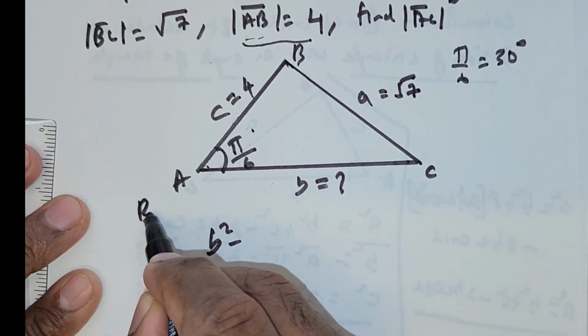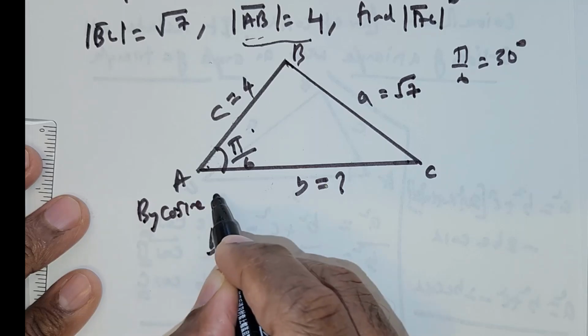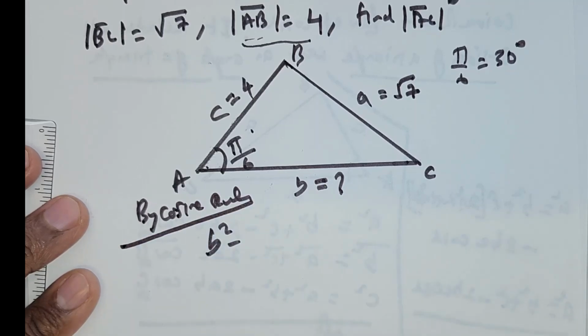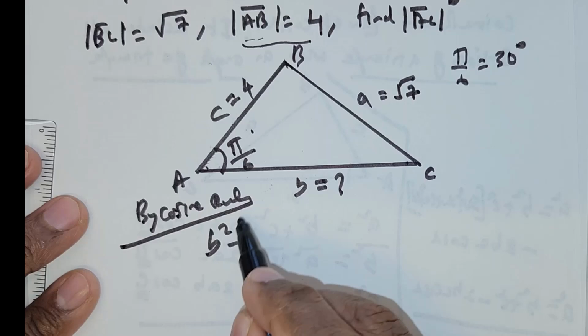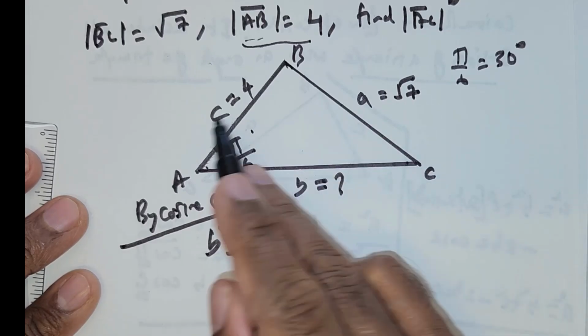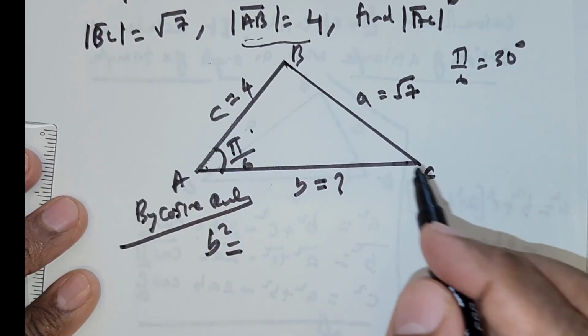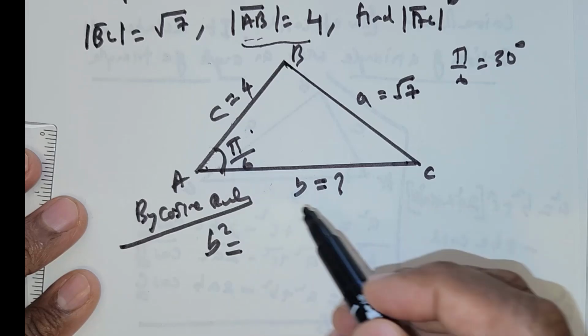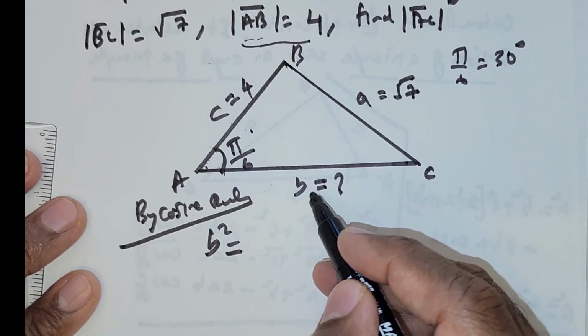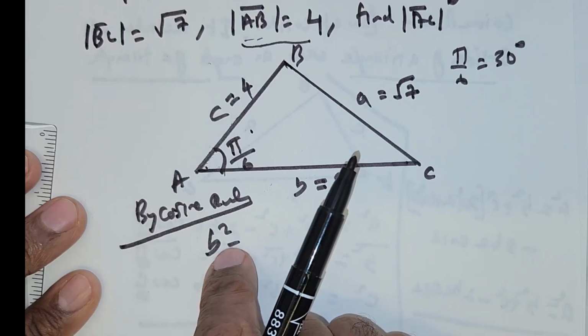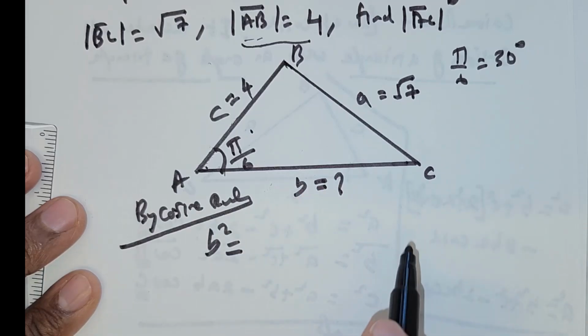So by cosine rule, we have got only this angle, right? So we will have to include this angle. So we cannot write a statement for b squared.